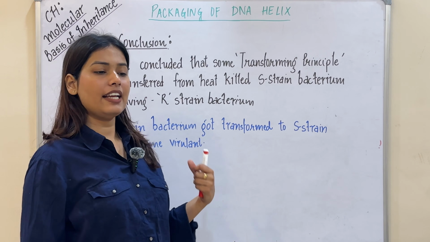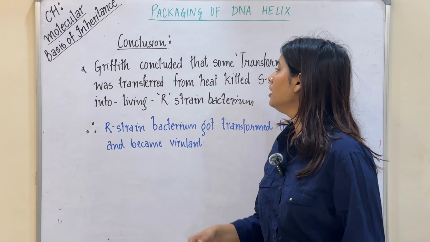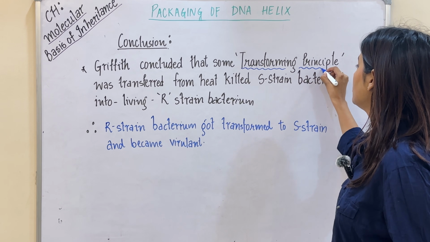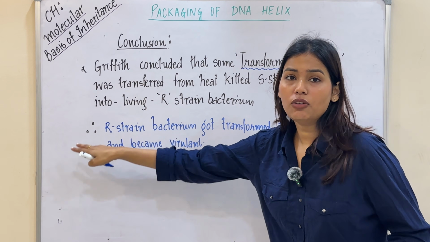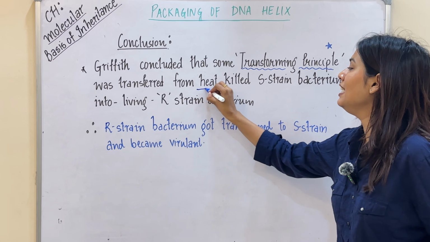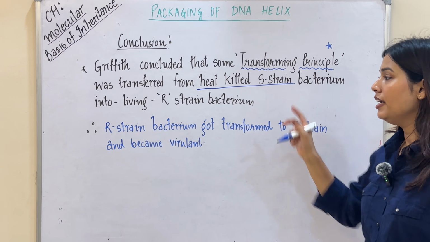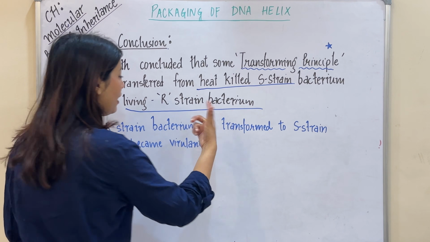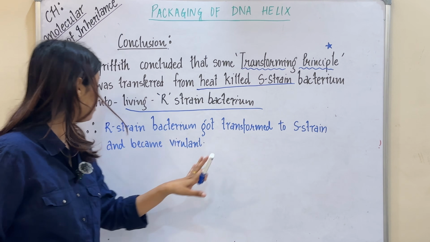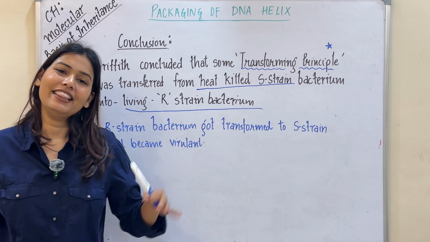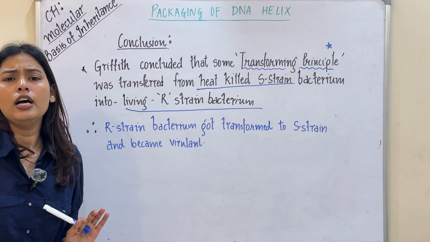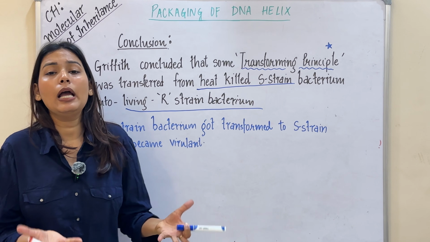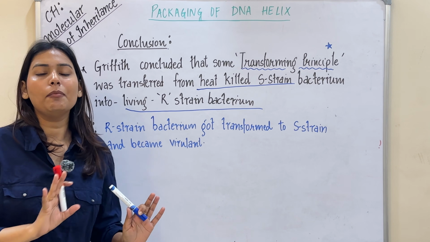From that experiment, we can conclude that there can be some transforming principle that was transferred from the heat killed S strain bacterium into the living R strain bacterium, and the R strain became a virulent one, and that's why the mice were not able to survive. But still, this experiment doesn't give us the molecular basis of the genetic material.